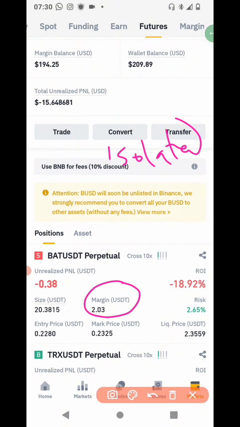Now, before you begin to panic and check whether your trade is safe or not, look at it. It pumped from 0.22 to 0.23. Now, do you know what it would take for BAT to pump to 2.3? The market price is 0.223. That means it will have to move from 0.23 to 0.24, 0.25, 0.26, 0.27, 0.28, 0.29.